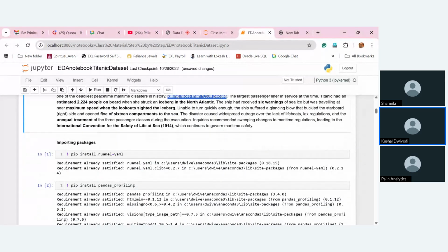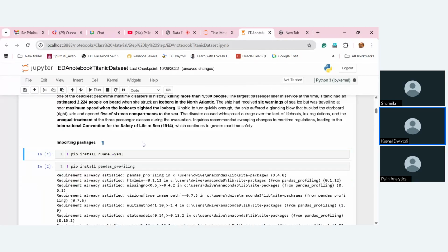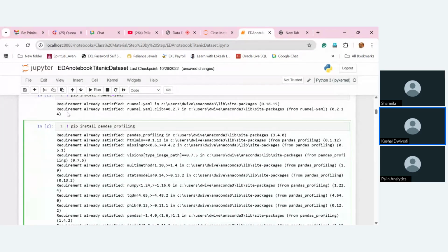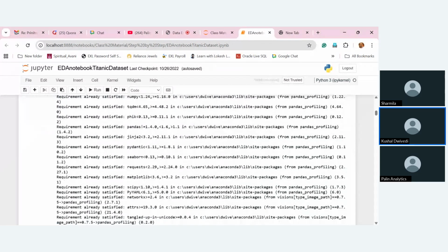To do this, first of all, we are going to install a few packages, the profiling-related packages. You can test installing them in your system to see whether they are there or not. If they are already there, it will give a message like this. Otherwise, it will automatically install.